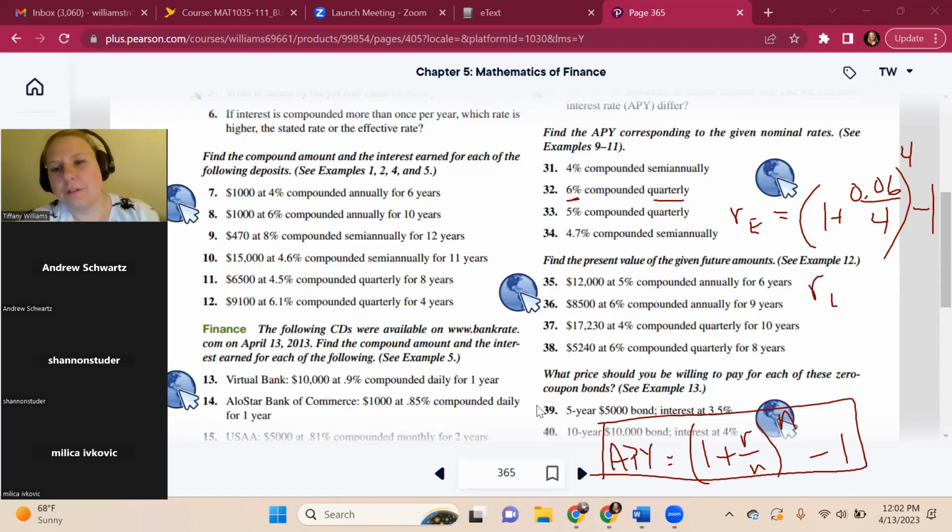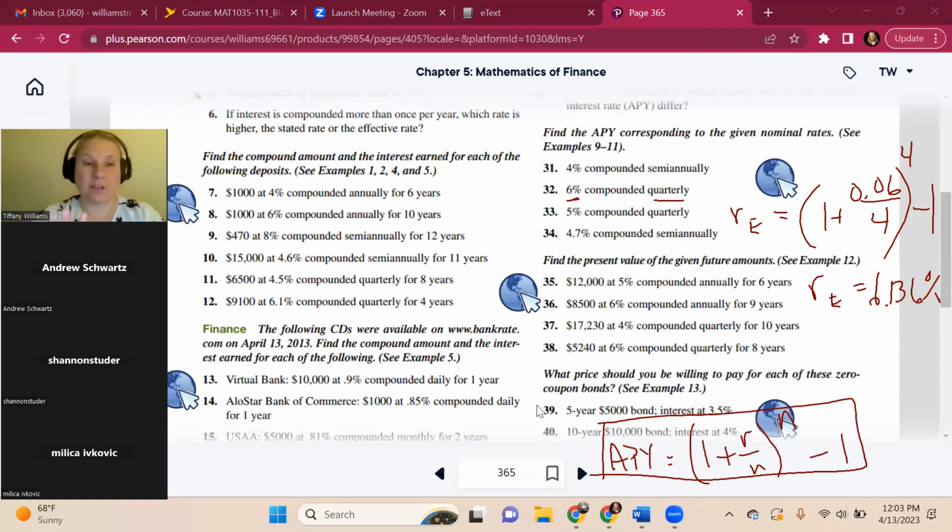So even though our APR is 6%, if we punch this in on the calculator, we end up with 6.136%. So the APY is actually 0.136% higher, and that's just because you're compounding quarterly.